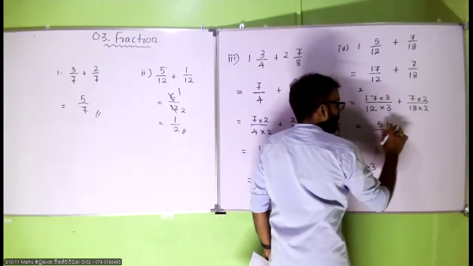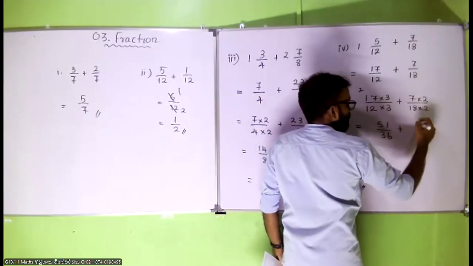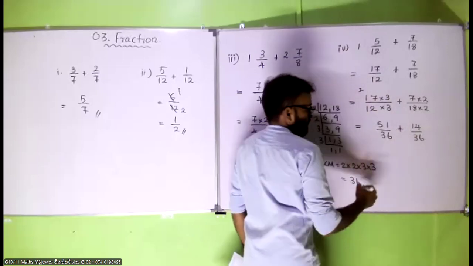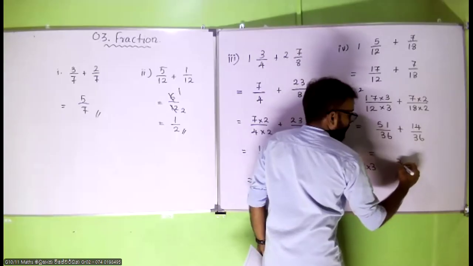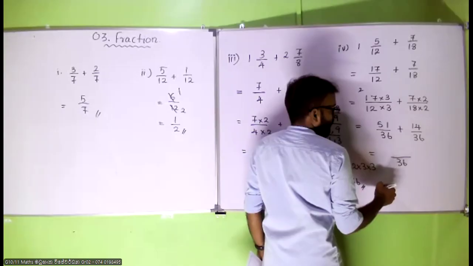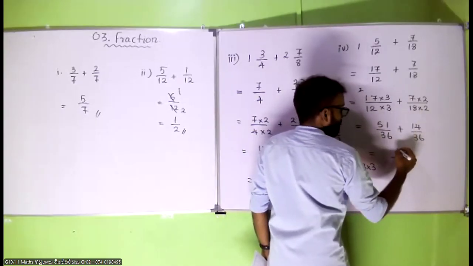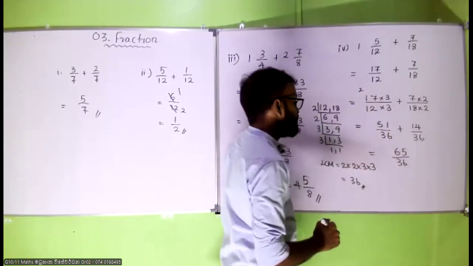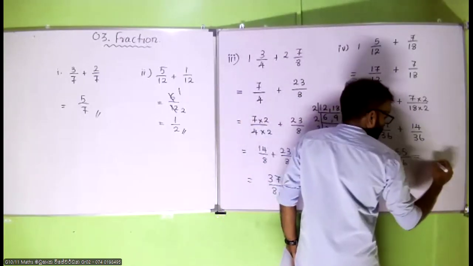Plus 7 times 2, 14. Denominator is 36. Alright. So equal mark. Denominators are equal, 36, 36. 51 plus 14. So 1 plus 4, 5. 5 plus 1, 6. 65 upon 36. Right? So this is an improper fraction.